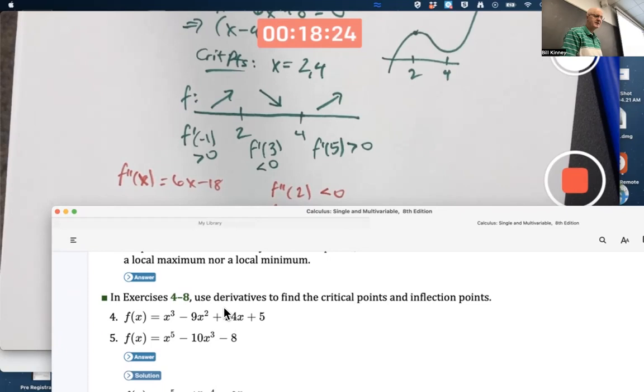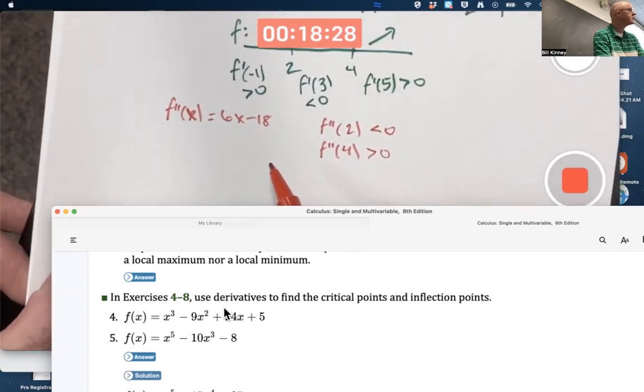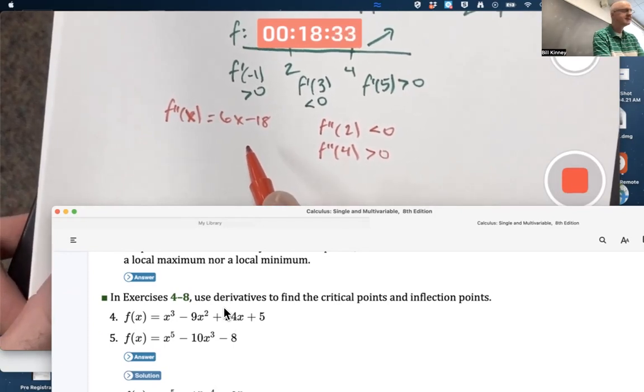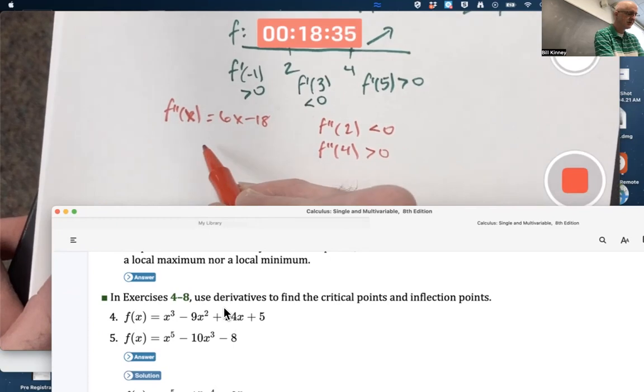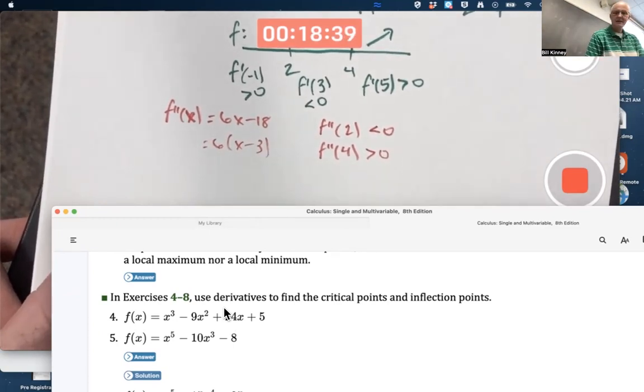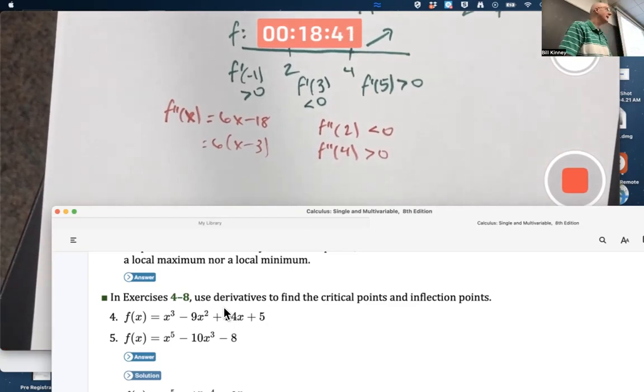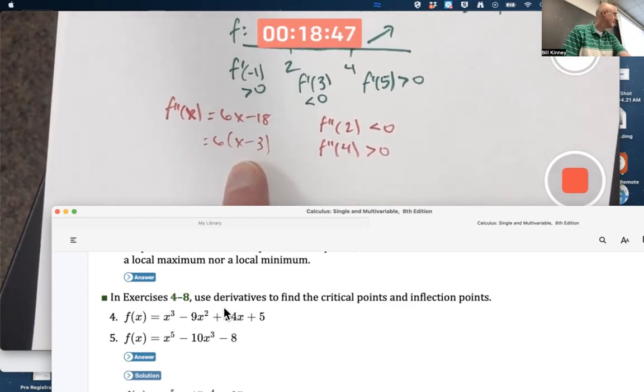What are the inflection points? That's where it changes concavity. That's where the second derivative changes sign. The second derivative is a nice simple function, 6x minus 18, which you can also write as 6 times in parentheses x minus 3. That's 0 when x is 3, and it changes sign. Right? If x is less than 3, like 2, you get a negative second derivative. If it's bigger than 3, like 4, you get a positive second derivative.